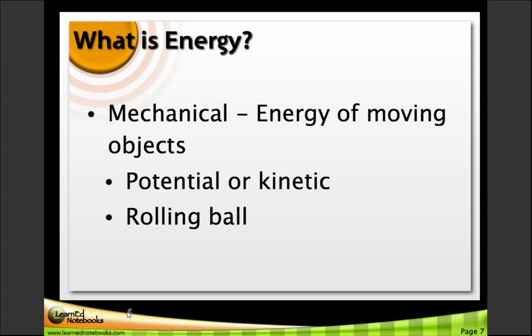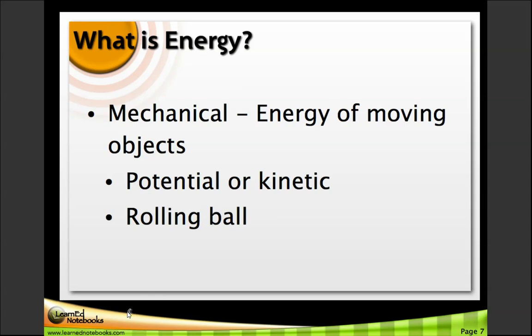Mechanical energy is the energy of moving objects. It could be potential energy or kinetic energy. A lot of times, it's a combination of both, like a bicycle wheel or a bicycle pedal. When you are at the height of the bicycle pedal, you'll push down and you make the bicycle move.